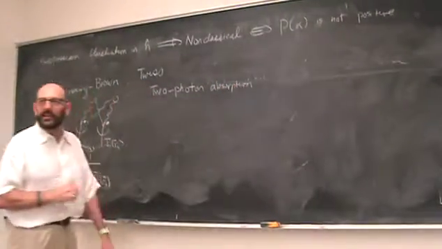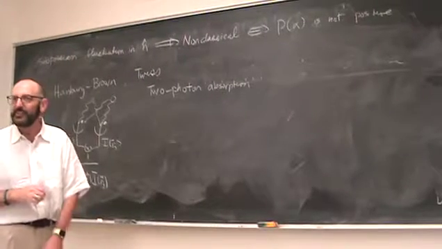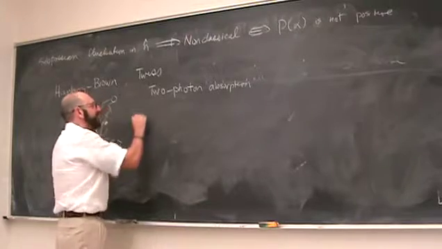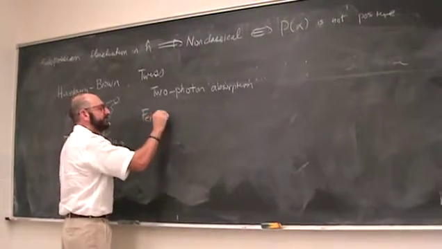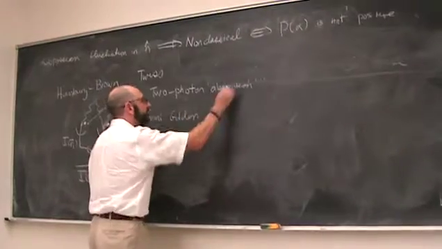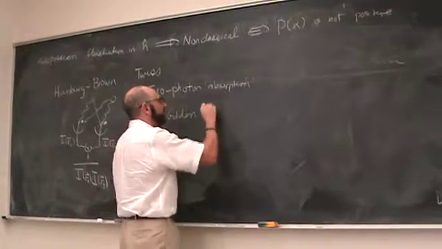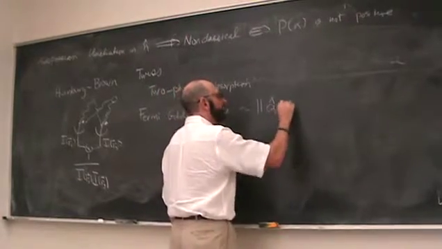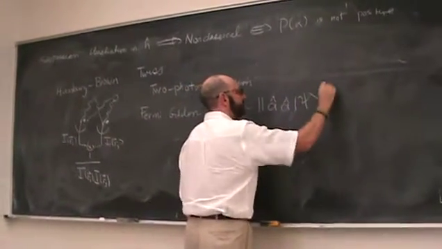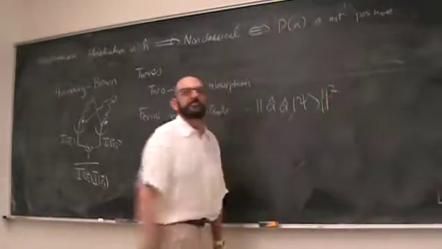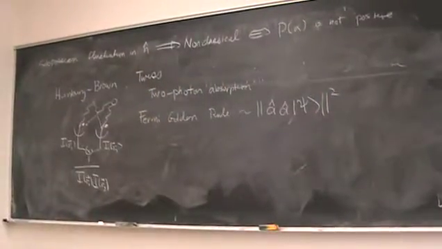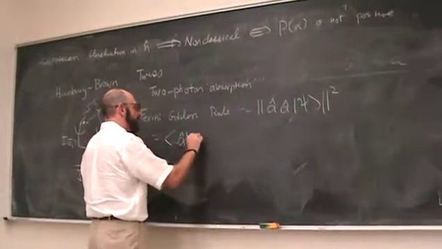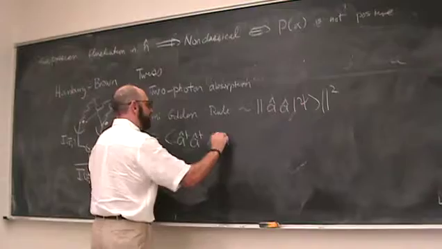So loosely speaking, I'll use the same quick hand waving, super quick, you ready? We have Fermi's golden rule, which says that this 2 photon absorption process, the rate of that depends on absorbing 2 photons. So that's 1. Okay? And that is the expected value of a dagger a dagger a a.